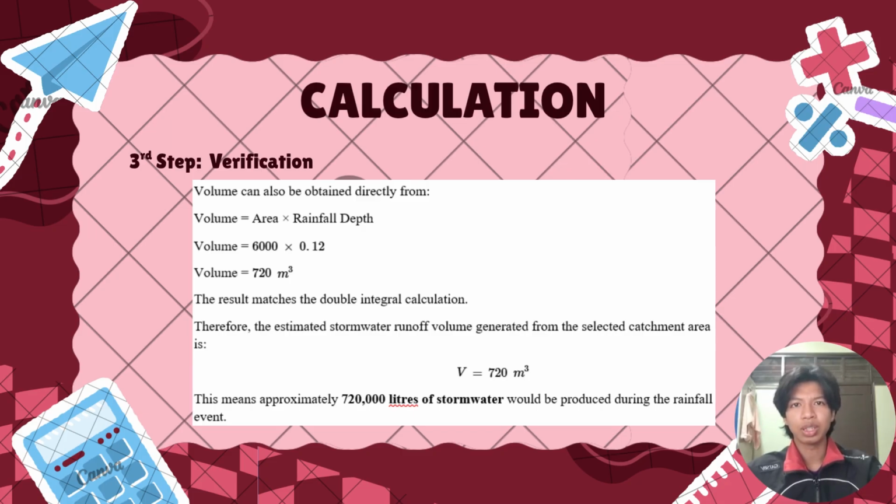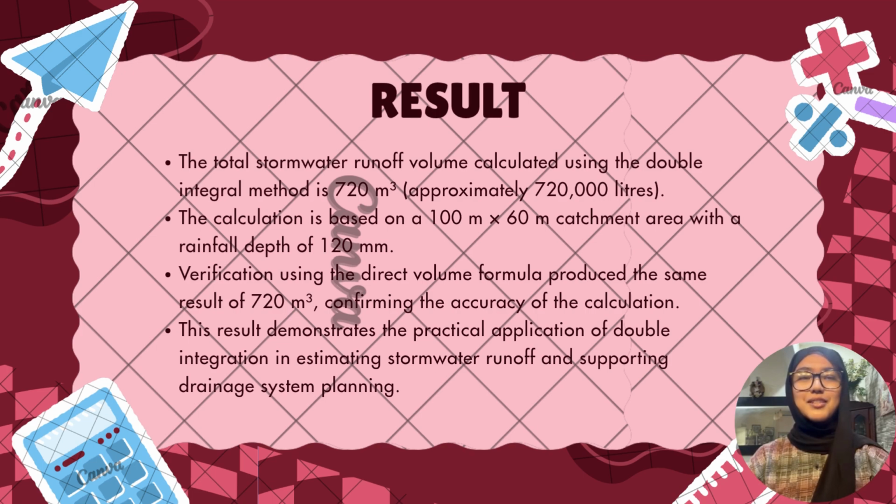Since both methods produce the same value, this verifies that the mathematical model and integration process are correct and consistent. This means approximately 720,000 liters of stormwater may be generated during the heavy rainfall event within the selected area.